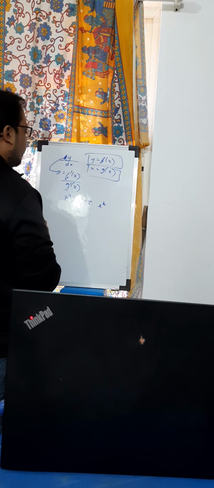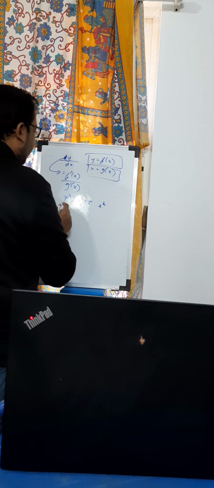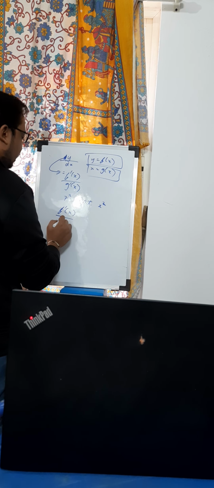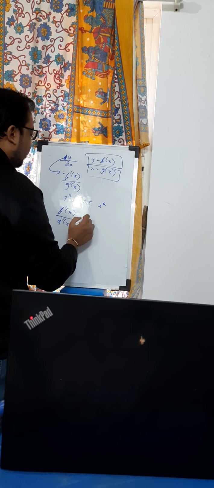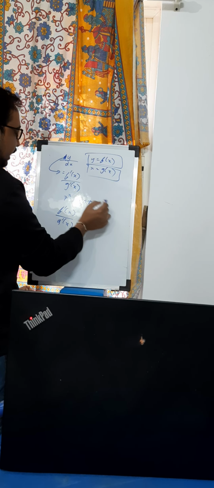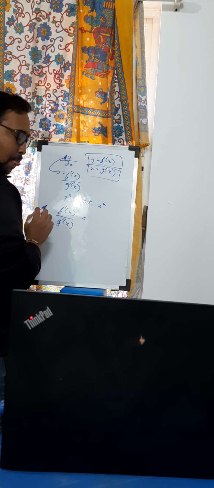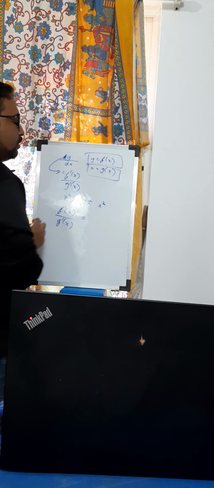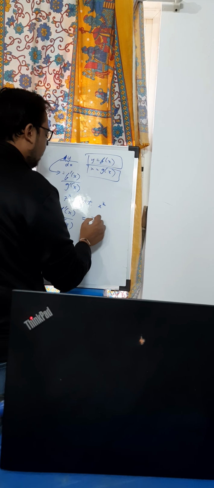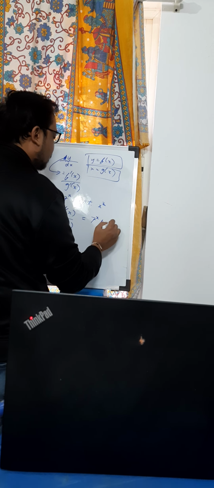So how do we do that? By simply doing f dash x upon g dash x, where f dash x is the derivative of 7 raised to x with respect to x, and g dash x is the derivative of x square with respect to x. What do we get after differentiating 7 raised to x with respect to x? Can you quickly tell me? 7 raised to x log 7, okay.